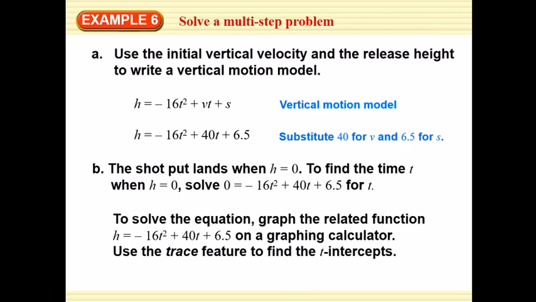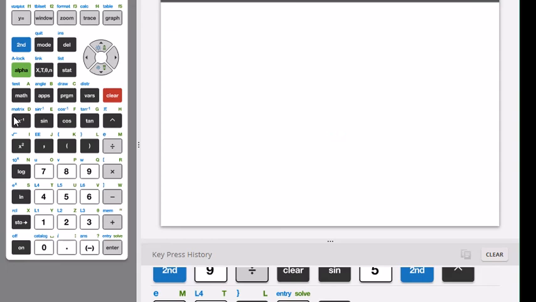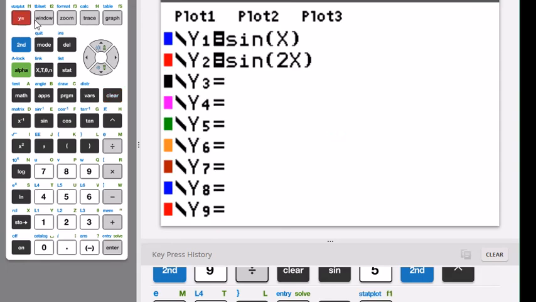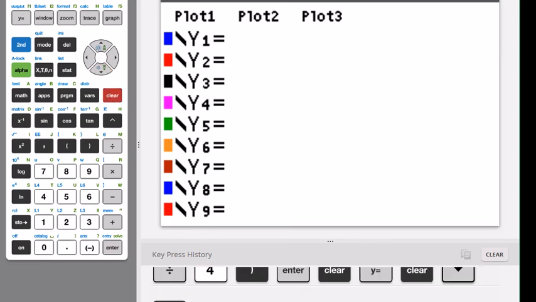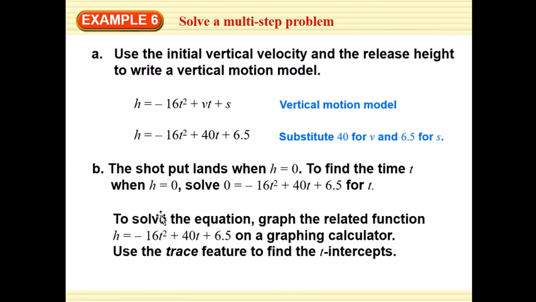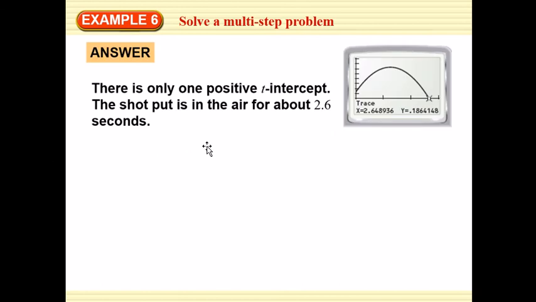So I go back to my problem, and I can use my graphing calculator as well by going into the y equals and then typing in that equation as well. And then I look at those t-intercepts, or we typically call them x-intercepts.